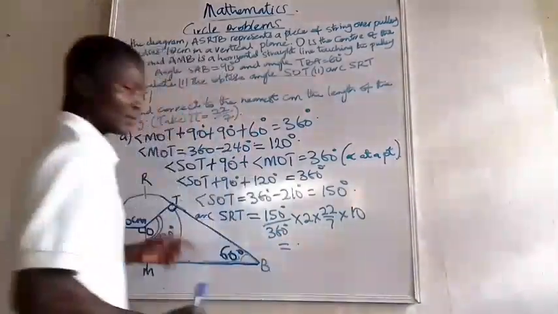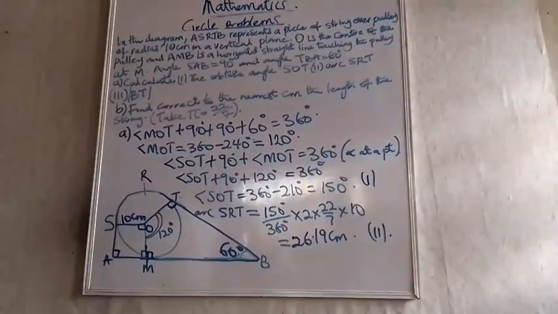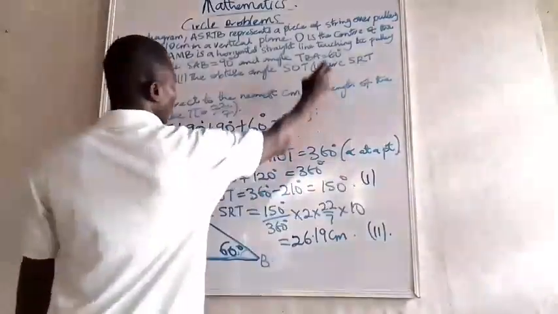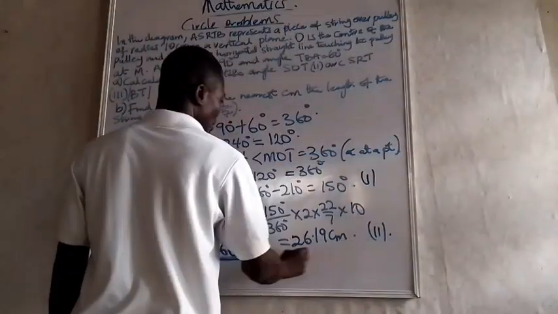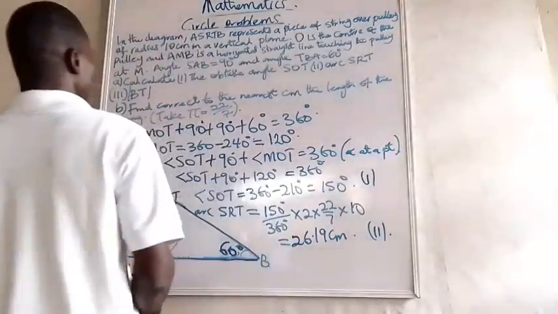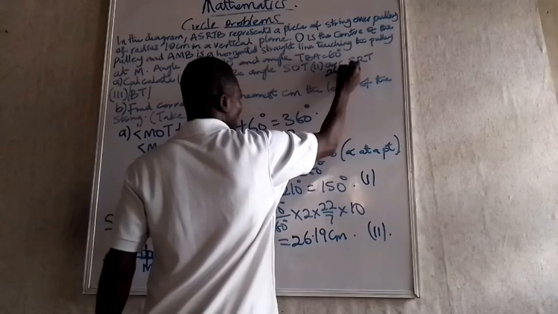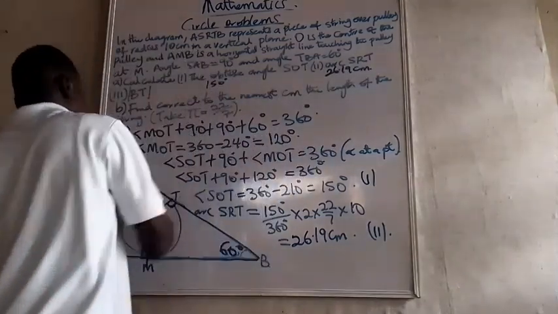That's what that means. So for the first one, the angle, we have gotten it down. For the second one, arc SRT, we have gotten it down. So we have 26.19. This one is 150 degrees, 26.19 centimeters. Now let's find BT.